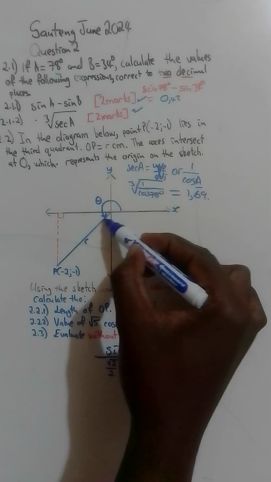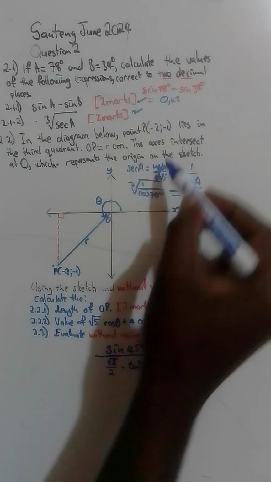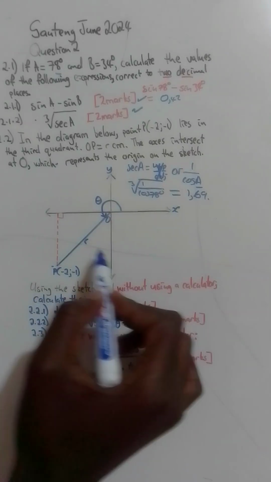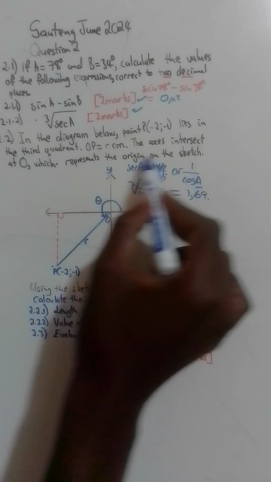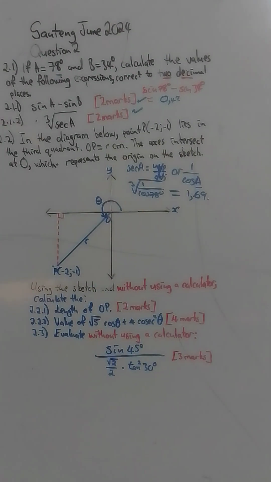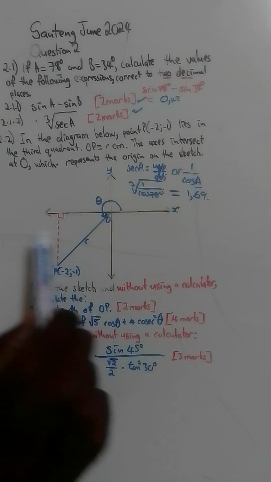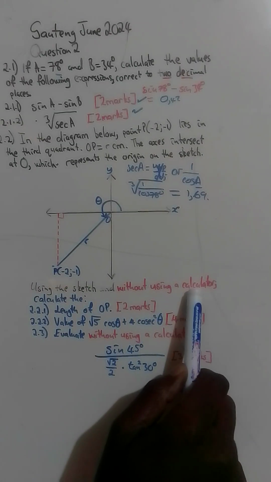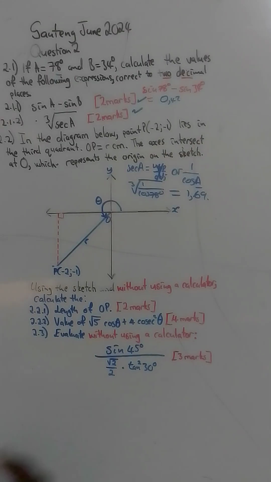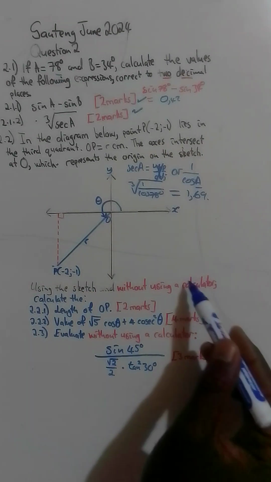So from here to P, this is where the r centimeters is. The x-axis and the y-axis intersect at O, which represents the origin on the sketch. Now we are told that using the sketch, and without using a calculator, we must calculate the length of OP.